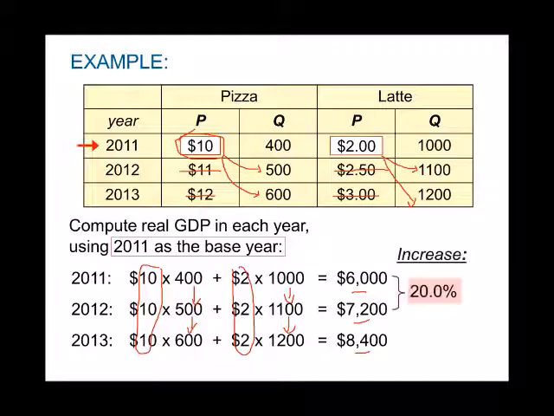If I measure the percentage change, which is 20%, now I can say that I'm producing 20% more goods and services in this economy between 2011 and 12. Between 2012 and 13, I'm producing 16.7% more goods and services. Since we held prices constant, we can now say that that increase is mainly because we're producing more.